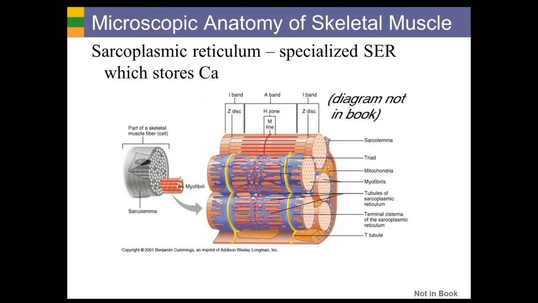If we were to look at these myofibrils and blow them up, you would see that surrounding each of those myofibrils, shown here in blue, is a sarcoplasmic reticulum. So we've got the cytoplasm filled with these myofibrils, and then surrounding each of those myofibrils, this sarcoplasmic reticulum, which stores calcium.